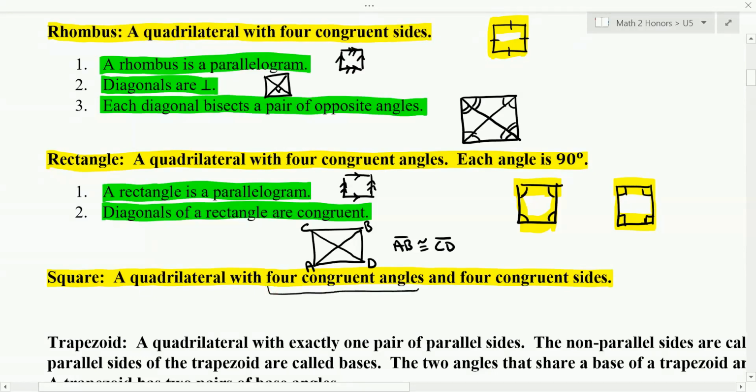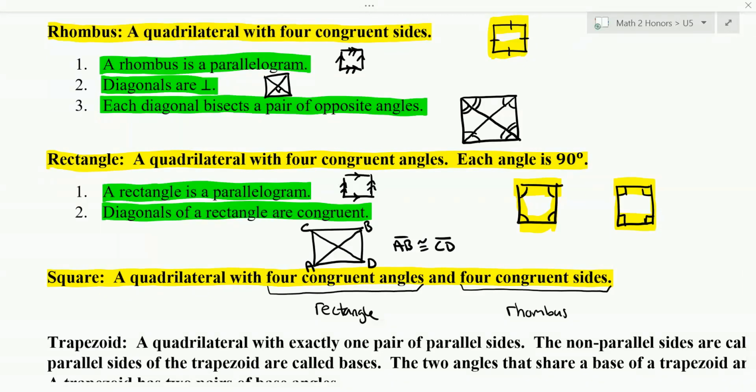What would that be the definition of? That's a rectangle. If I just said four congruent sides, what would that be the definition of? Rhombus. So another definition of a square would be a square is a rectangle and a rhombus. Okay, it fits both of those.